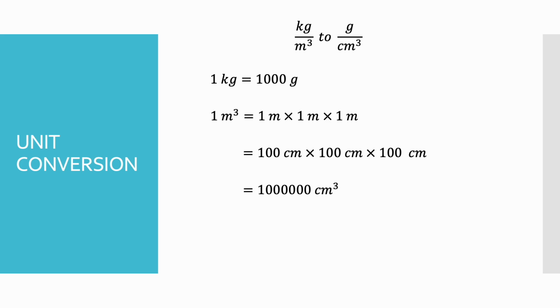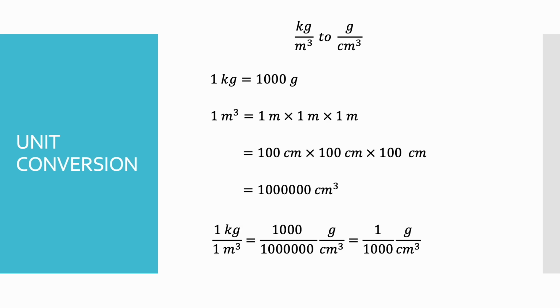You can see there would be 6 zeros here. So if we want to convert 1 kilogram per meter cube to gram per centimeter cube, we follow these steps, and finally we will get 1 kilogram per meter cube is 1 by 1000 gram per centimeter cube.